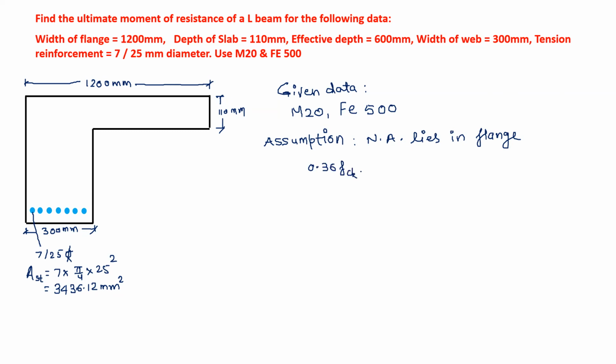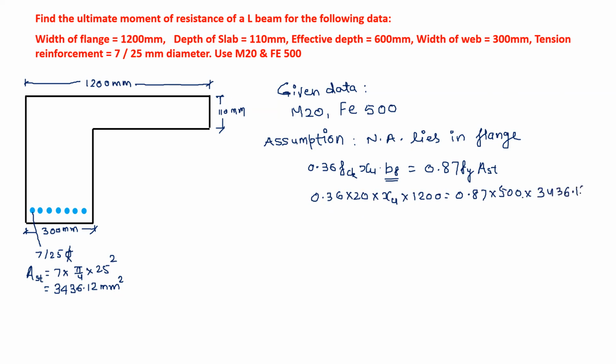0.36 fck xu into bf, this is most important, equal to 0.87 fy Ast. Now put the values: 0.36 into fck 20 into xu, bf is 1200, equal to 0.87 into fy 500 and Ast is 3436.12.